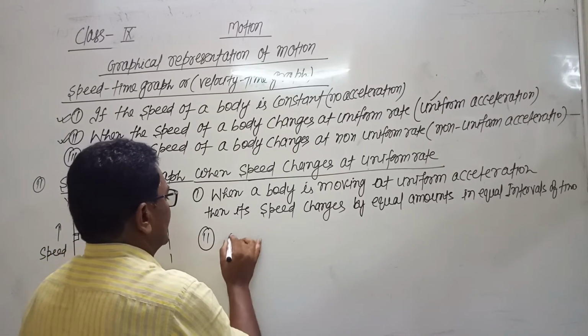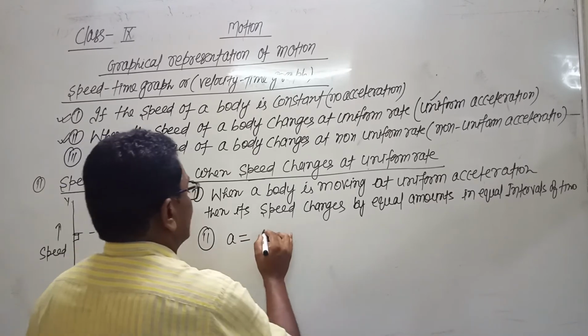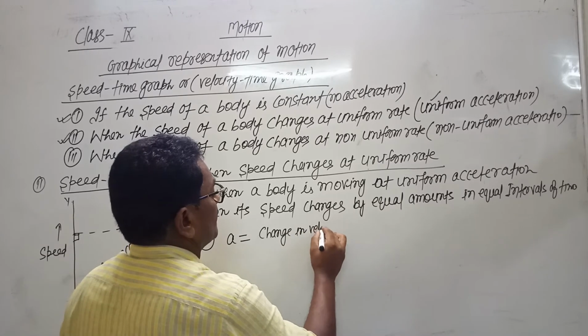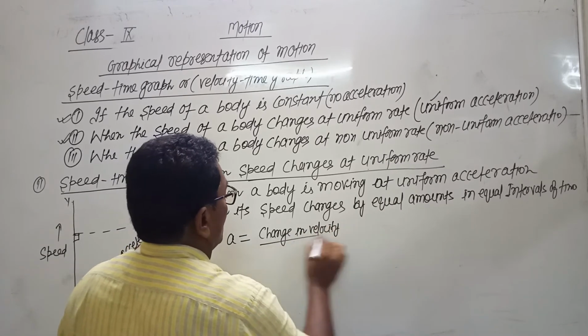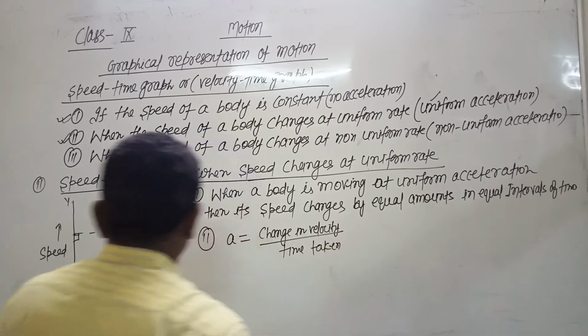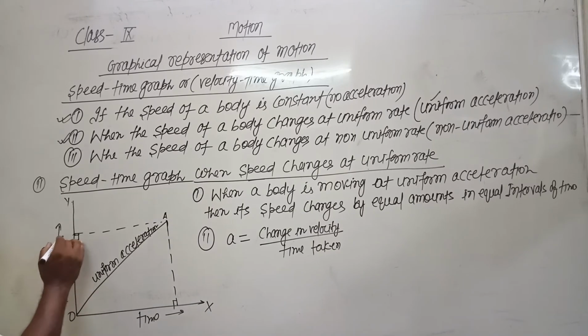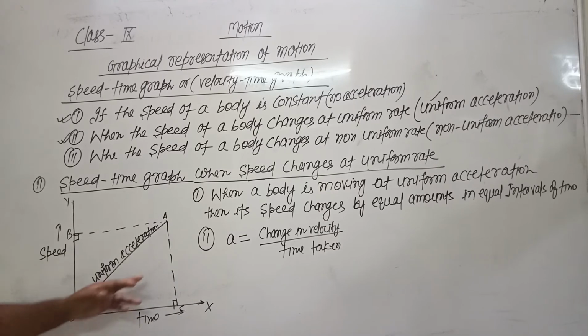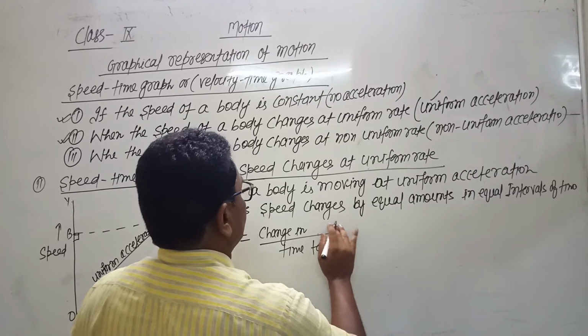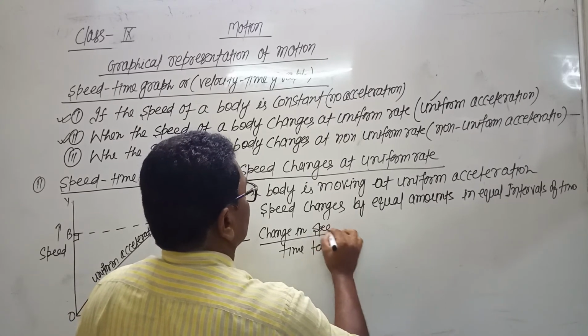And for acceleration, the formula we know: acceleration equals change in velocity upon time taken. Name it B and C. So change in velocity means AC. This is the speed. You can say change in speed upon time taken.